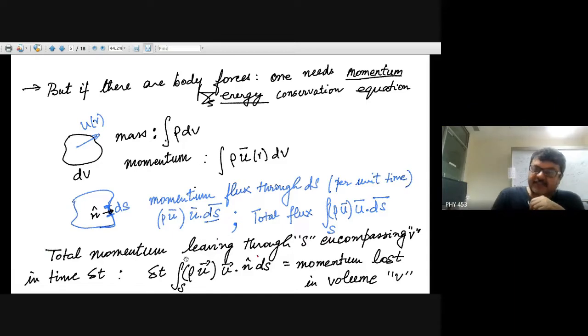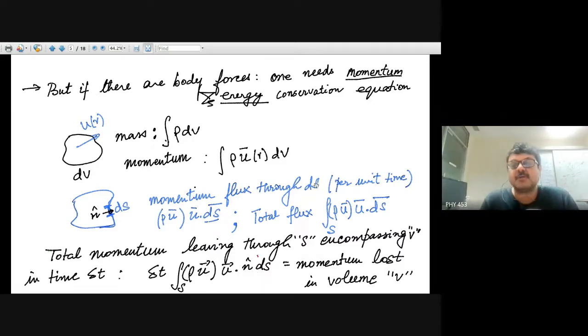And that is the momentum flux, and momentum is of course a vector, so you have three components. You can ask how much total momentum is leaving through S encompassing volume V in time dt, and that is going to be rho u into u dot dS, just as I showed you in the last slide.